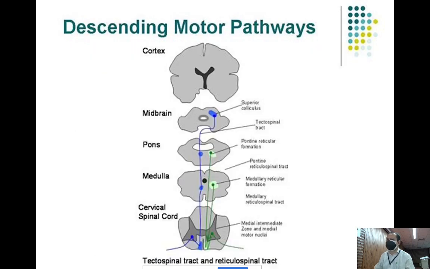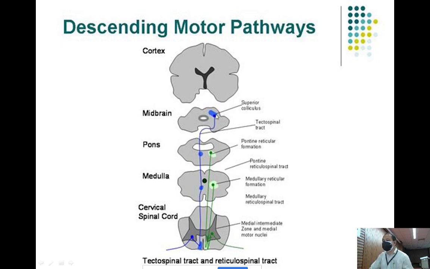So anyway, other extrapyramidal tracts are the tectospinal tract, reticulospinal tract, and vestibulospinal tract. But here I'm going to show you two extrapyramidal tracts, the tectospinal tract and the reticulospinal tract.